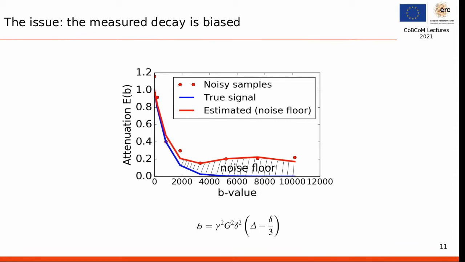And so the difference between this overestimated signal and the true one is actually called noise floor. So here we want to perform a procedure called phase correction that actually allows us to restore and recover the blue signal rather than just the red one.